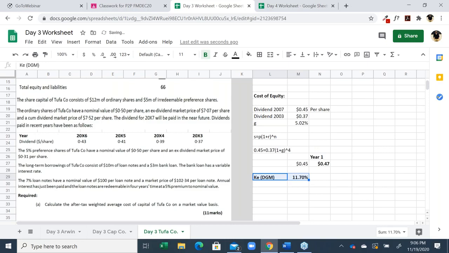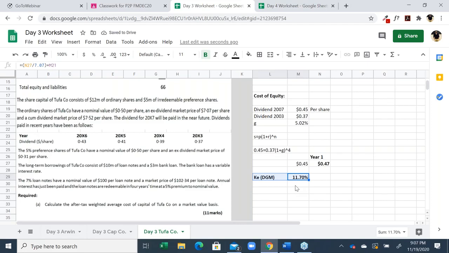And if we calculate KE without growth, we can simply take 0.45 and divide it by 7.07. Without growth, it's 6.36%. And with growth, it's 11.7%. That's not required.